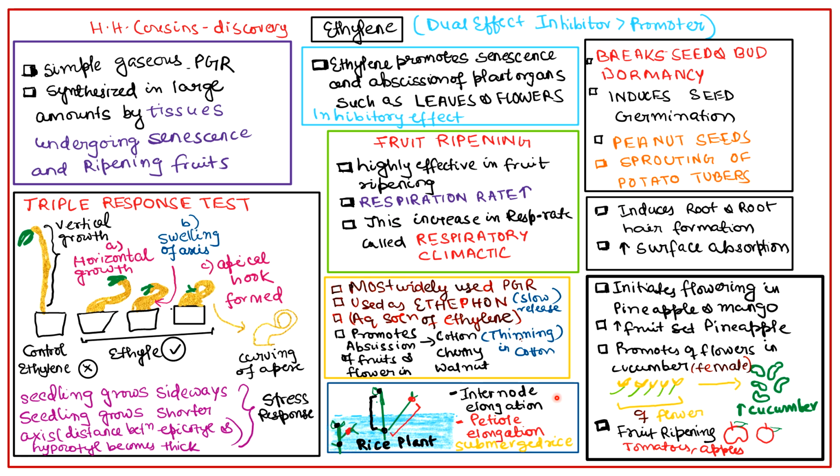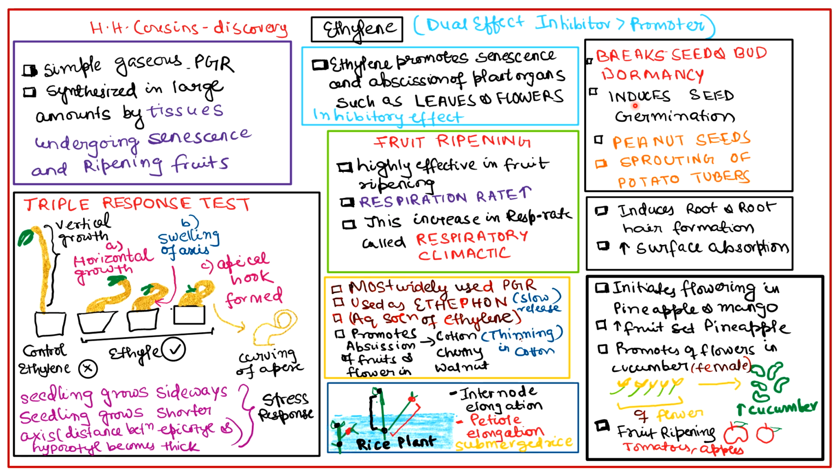So both internode elongation and petiole elongation in submerged rice are because of ethylene, right? Don't get confused with gibberellic acid. Gibberellic acid generally causes stem elongation, but for submerged rice, which is a stress condition, ethylene causes internode elongation and petiole elongation. Often this question is also asked.